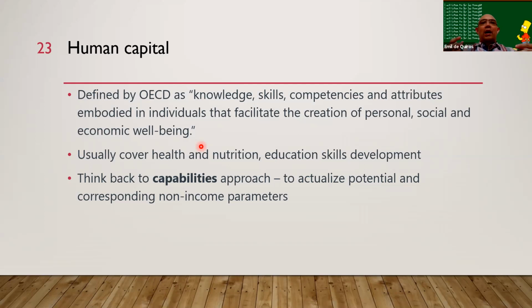It's basically the elements we need to actualize our full potential: the skills, the education, and the health that we need to keep us growing, and the income and non-income parameters. That's why you go back to your CBMS or the multidimensional poverty index. A lot of the non-income indicators are about health, education, and nutrition. Majority, diba? In CBMS. In some of the LGUs, that was the problem.